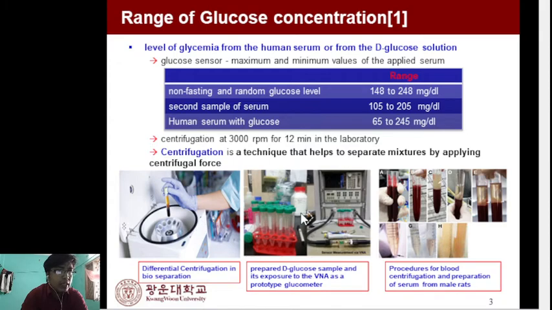The second part is the paper for D-glucose sample exposed to a vector network analyzer as a prototype glucometer. In figure 1, we take some blood sample of rats and put it in this centrifugal machine, and it separates it into two parts: the top part is the serum and the later part is the red blood cells.